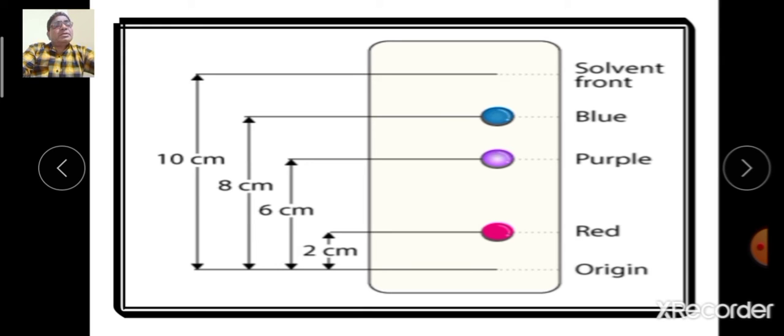The ratio of the distance traveled by the solute to the distance traveled by the solvent front is calculated, which is called the retention factor value, that is the Rf value.